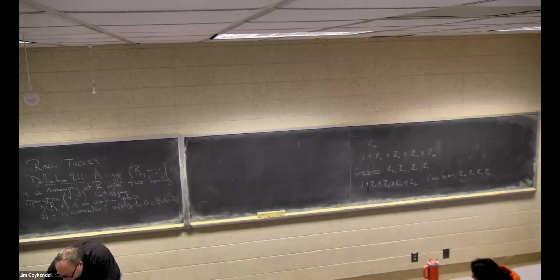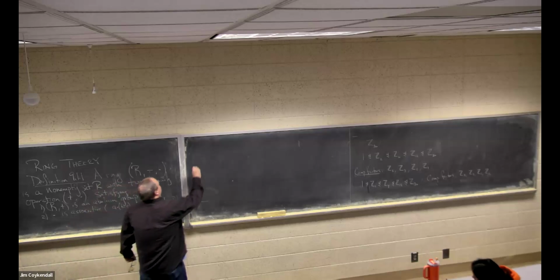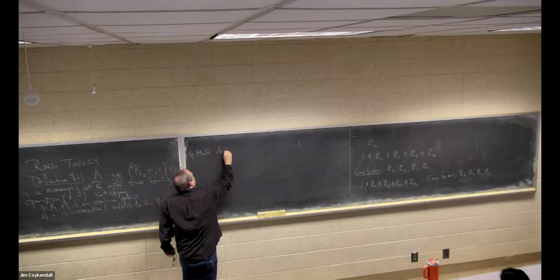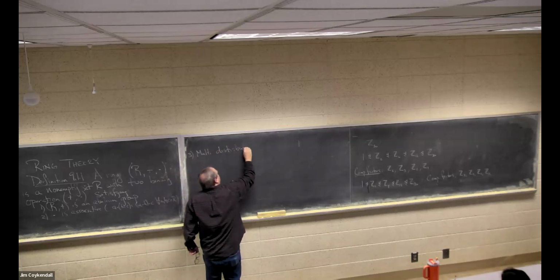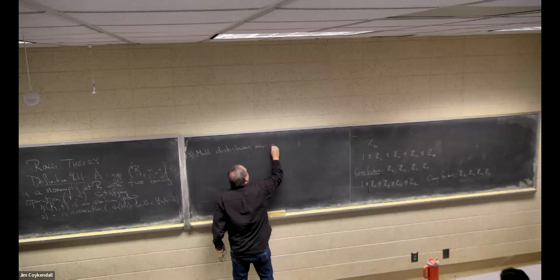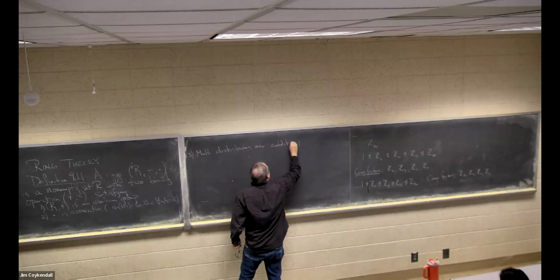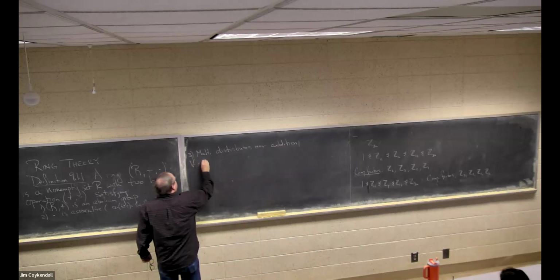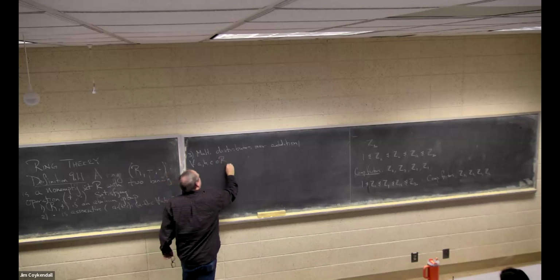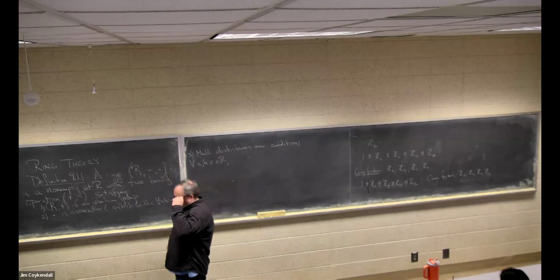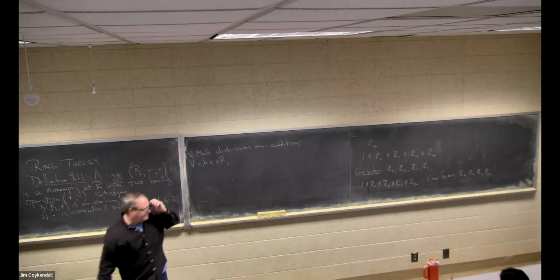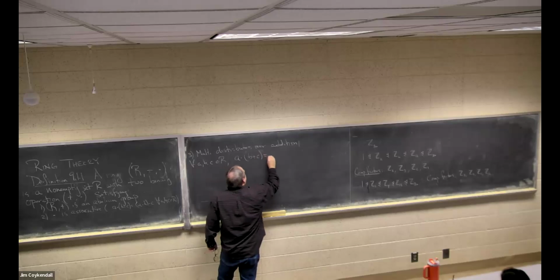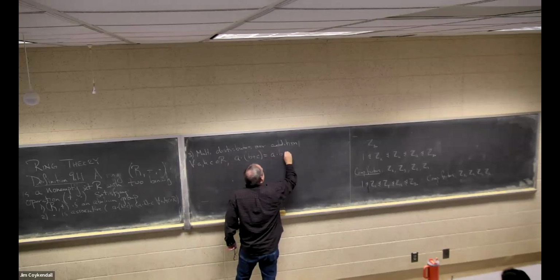Multiplication distributes over addition. That is to say, for all a, b, c in R, a · (b + c) = a · b + a · c.